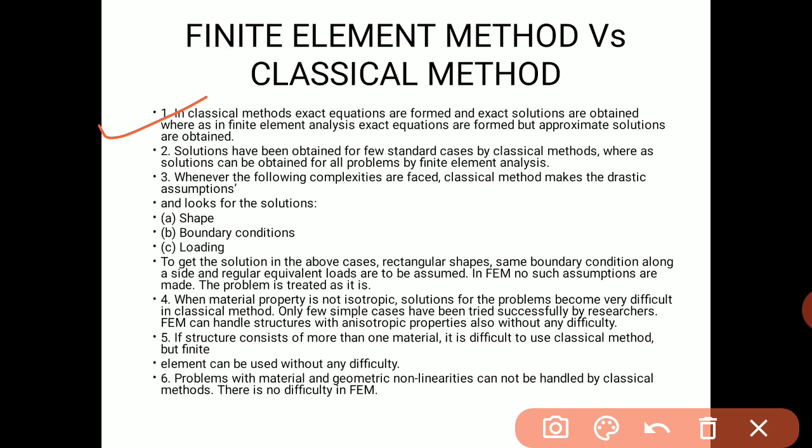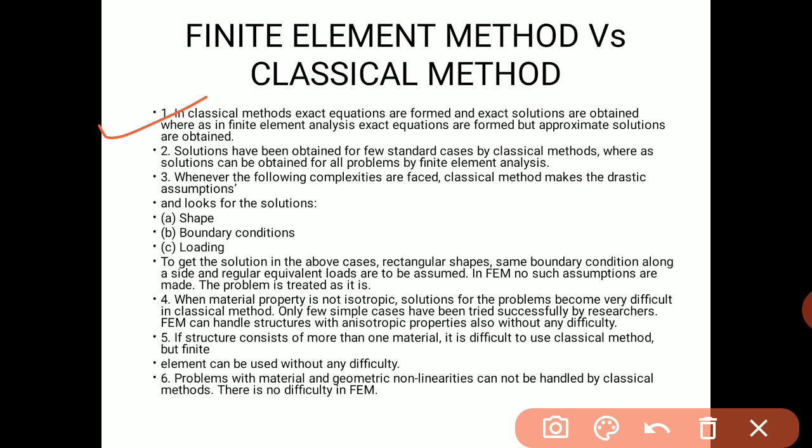To get the solution in the above cases, rectangular shapes, the same boundary condition along a side, and rectangular equivalent loads have to be assumed. In the finite element method, no such assumptions are made and the problem is treated as it is.